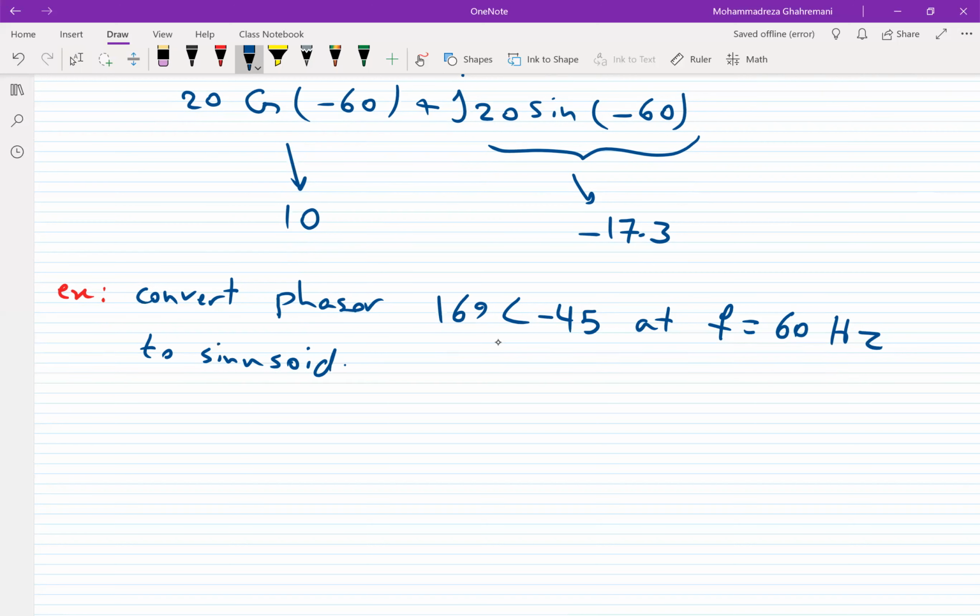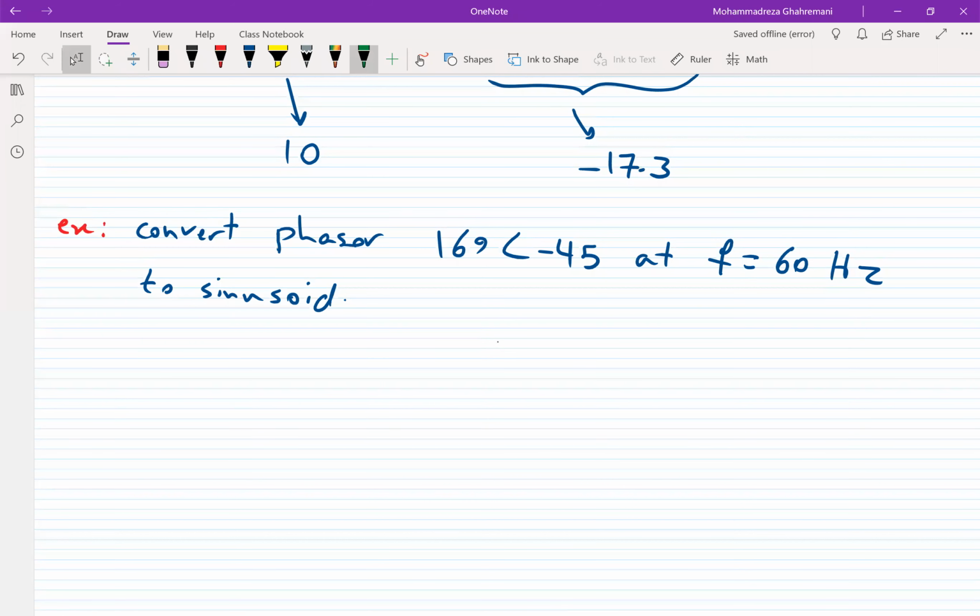Okay, the first thing we need to do is finding the frequency. Omega is equal to 2 pi f, which is equal to 2 pi 60, which is equal to 120 pi. So the angular frequency is 120 pi.